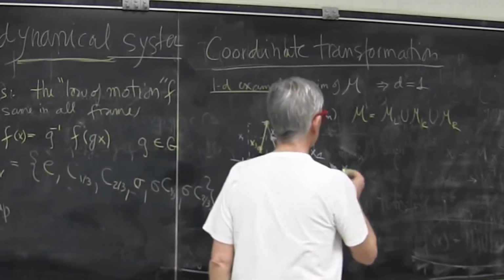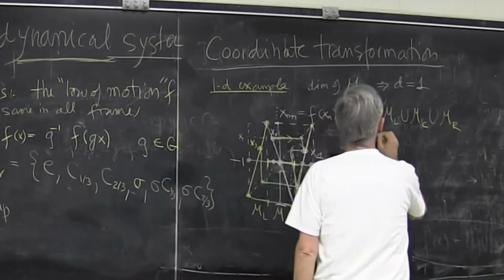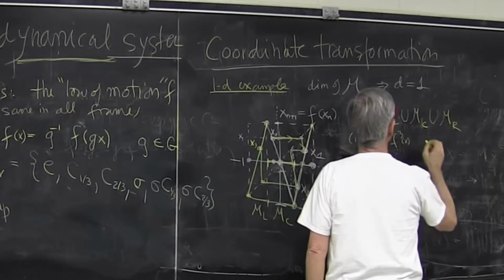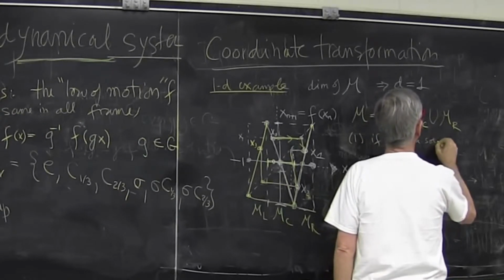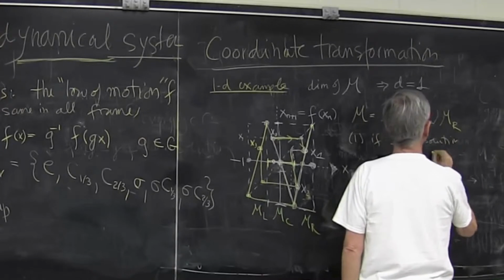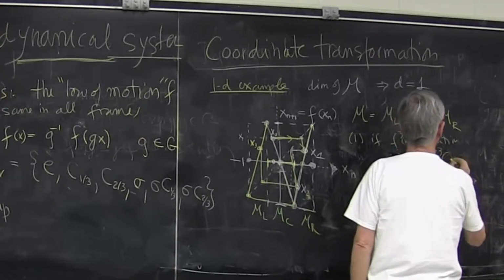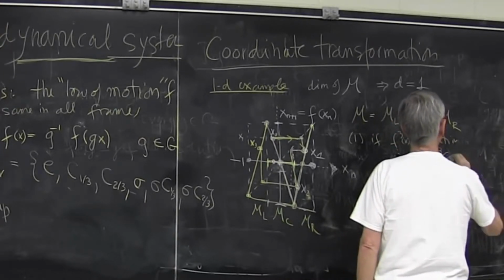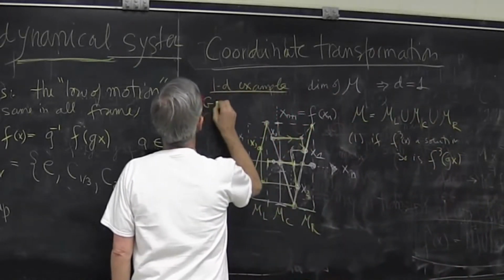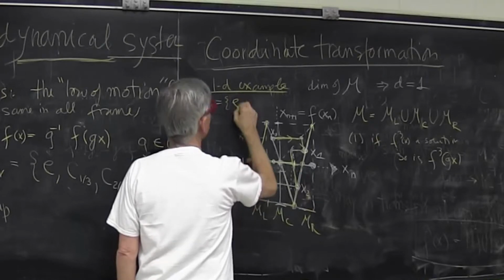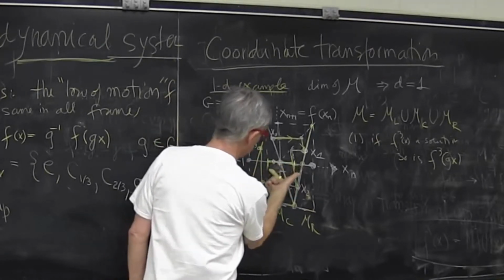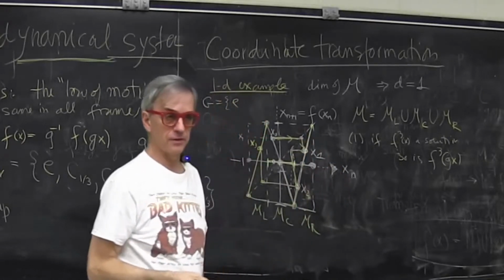So the first statement: if f of x is a solution, so is f of x at sigma x. Now the symmetry is very simple. G consists of identity, and I've designed this map in such a way that if I flip this axis and this axis, it maps into itself.